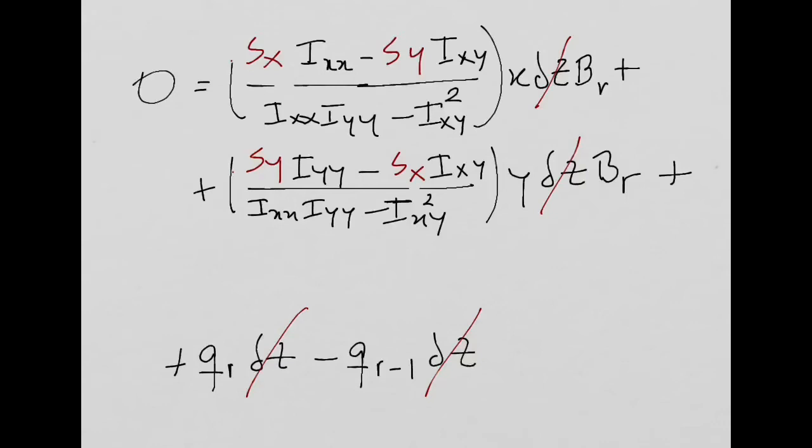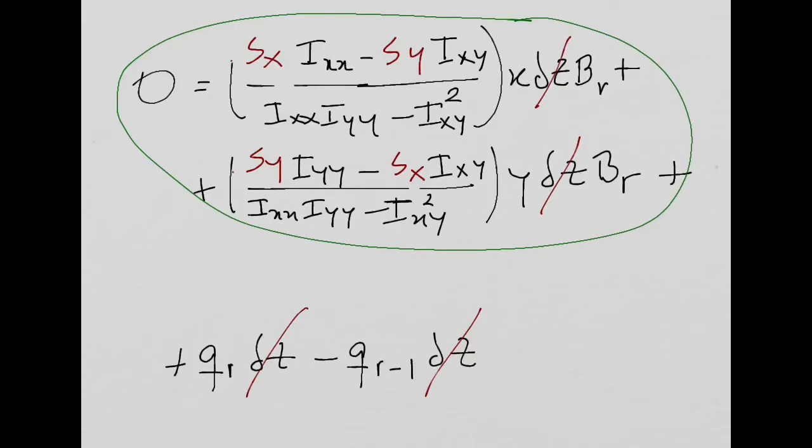And then at the end, what I have is, I can send these guys to the left-hand side and change the signal, or I can do it the other way. I can send this to the left-hand side and change the signal.